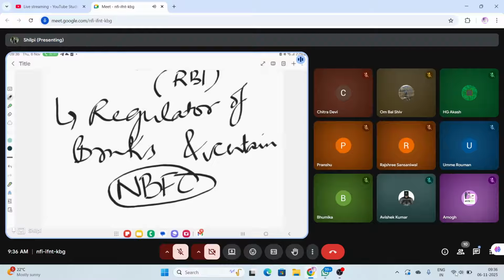They are also involved in lending activities, and they are regulated by different institutions. For example, there are NBFCs in the line of insurance. They are dealt with by another regulator. There are NBFCs in the field of assets. They are dealt with by another regulator. But there are certain NBFCs that are dealt with by the Reserve Bank of India. So Reserve Bank of India not only regulates the banks of the day, but also certain NBFCs, and these NBFCs are non-banks that are also involved in lending functions.